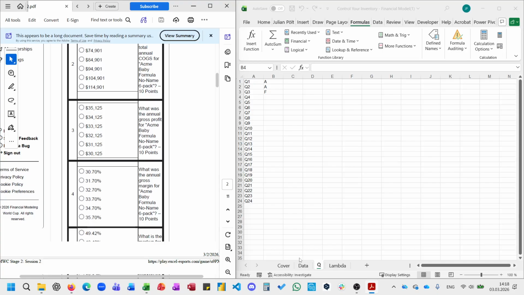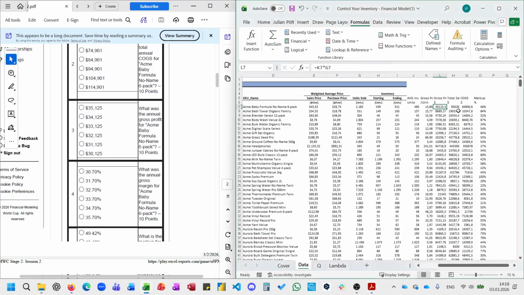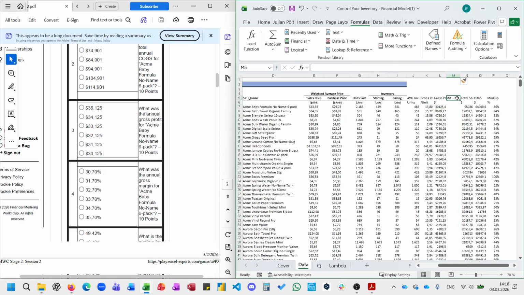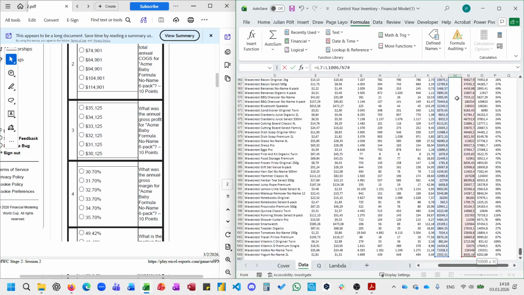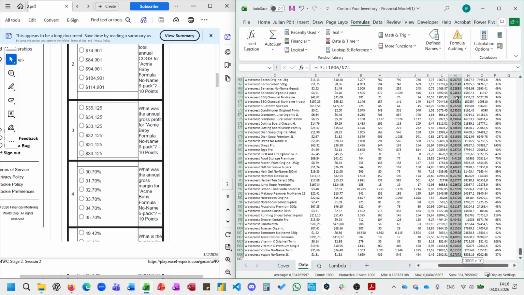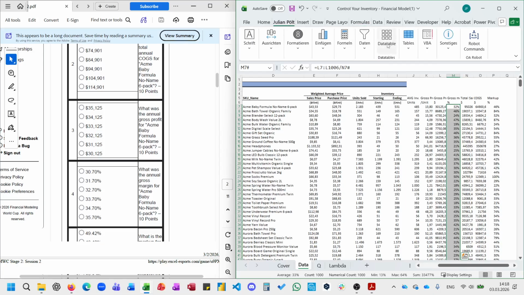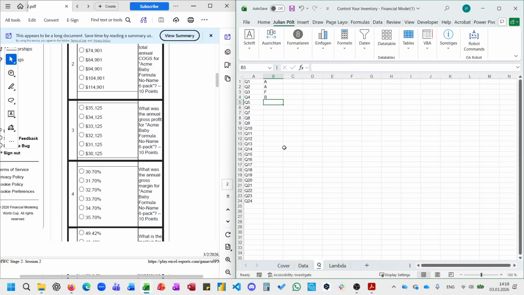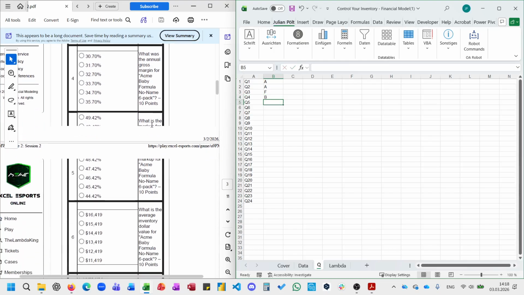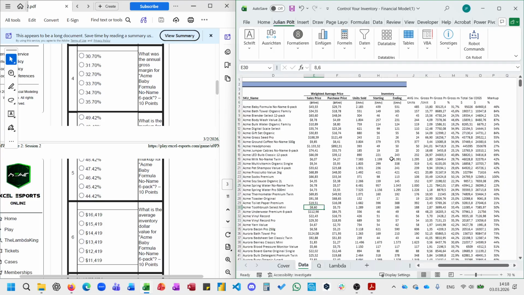What was the annual gross margin? Oh, we don't have the gross margin. Add it here: gross profit divided by sales. 31.7, it's answer B. What is the markup for this?